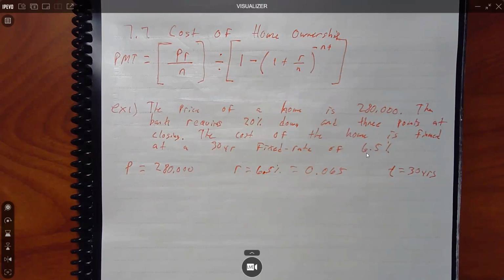What is n gonna be? Right, when is the interest applied? Or what do you think?